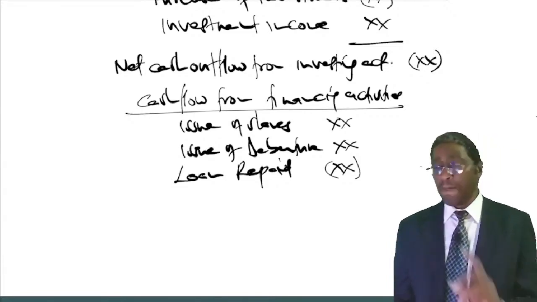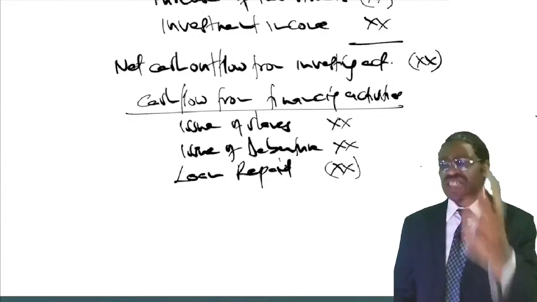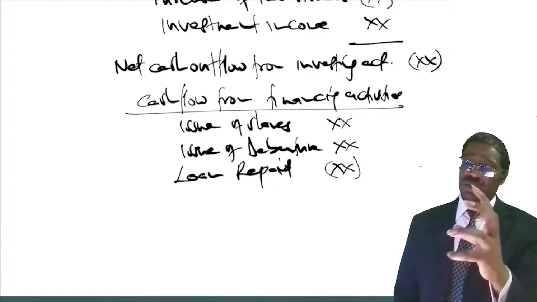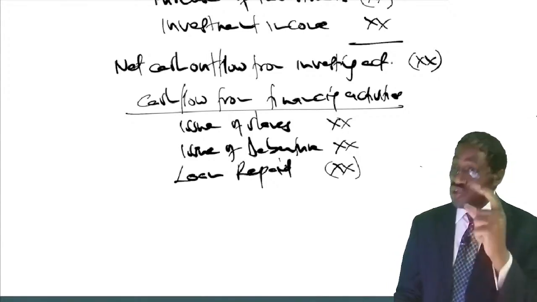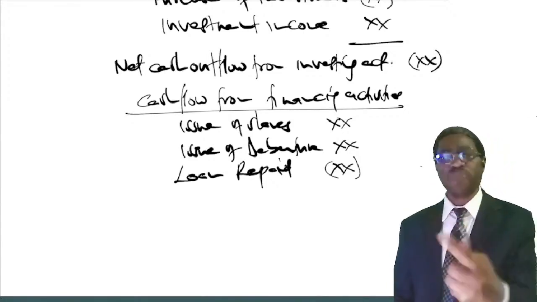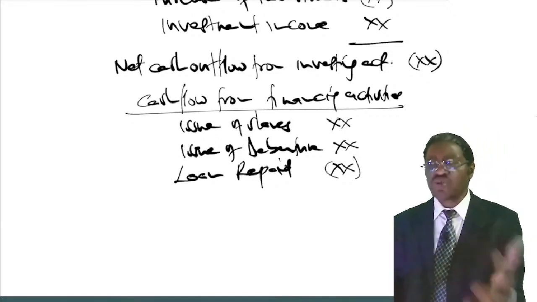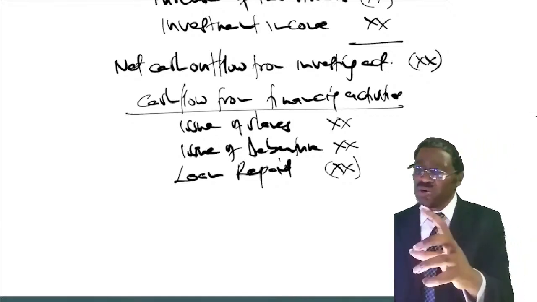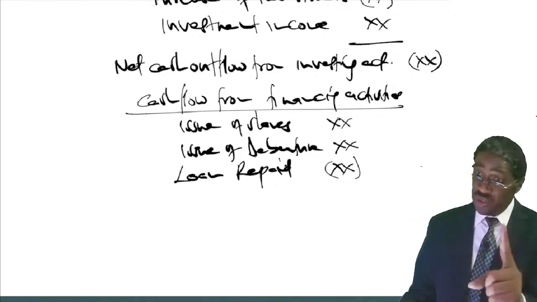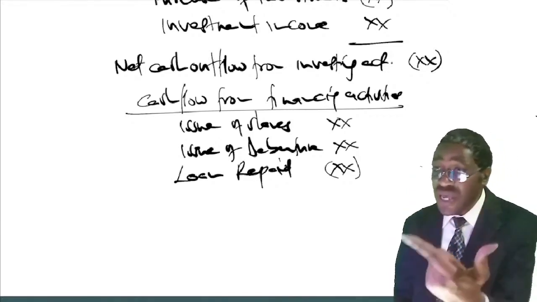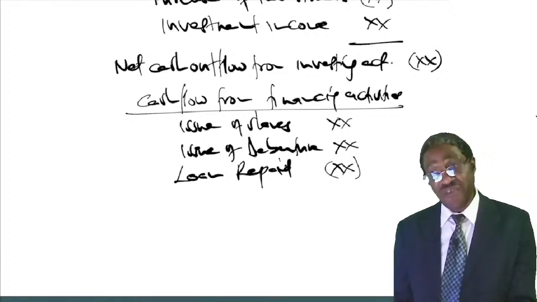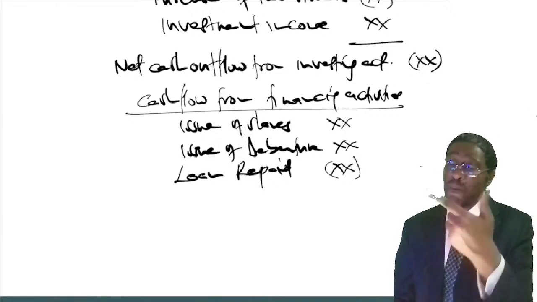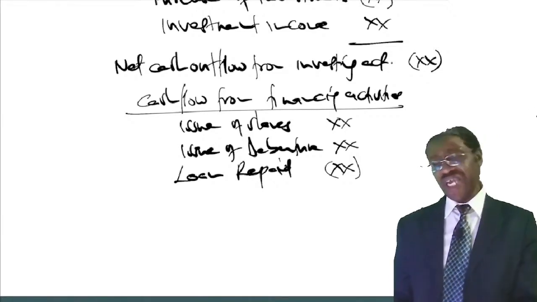But these are financiers, and whenever you borrow from the financiers, you as a company are required to pay them their return, the cost of borrowing. For example, when you borrow by issuing shares, you pay the shareholders dividend. When you borrow by issuing debentures, you pay debenture holders interest.